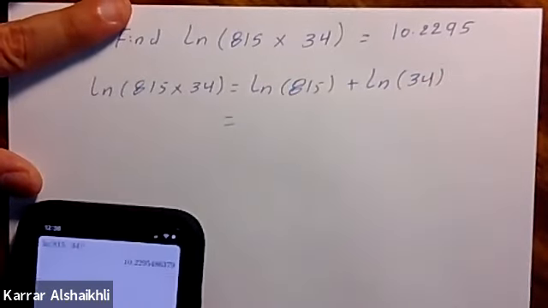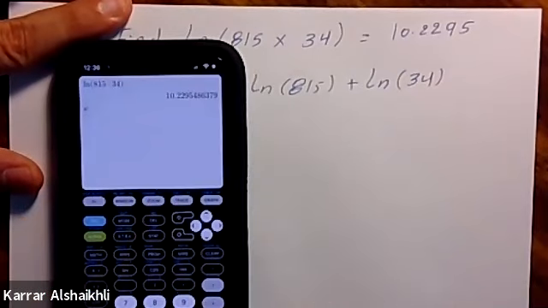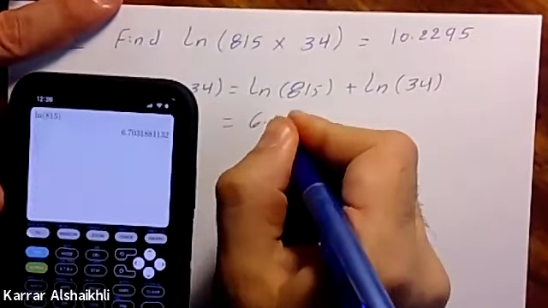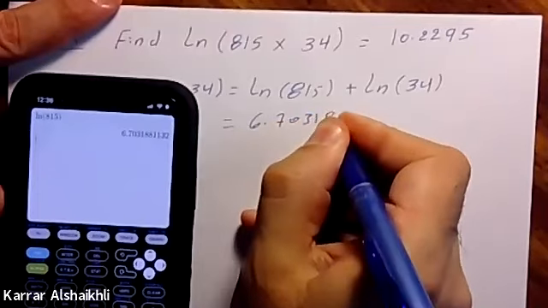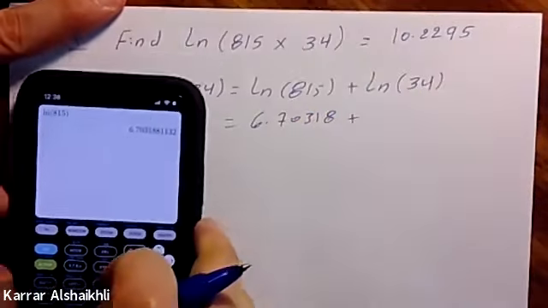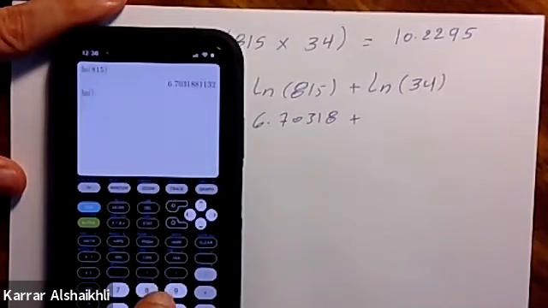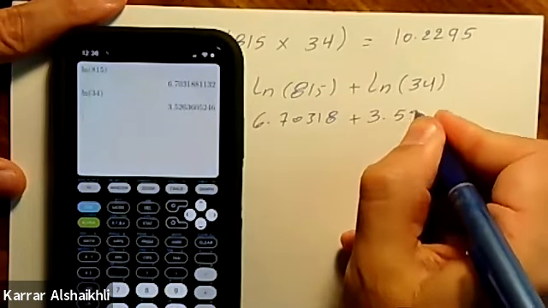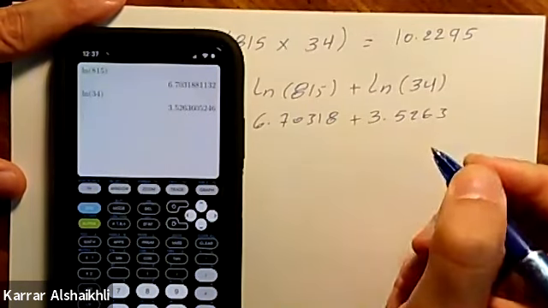Ln 815, let's find it here, ln 815 is going to be 6.7318 plus ln 34, close the parentheses, is going to be 3.5263.